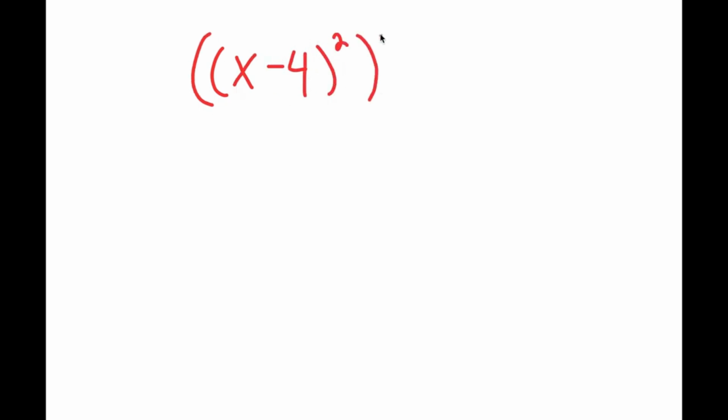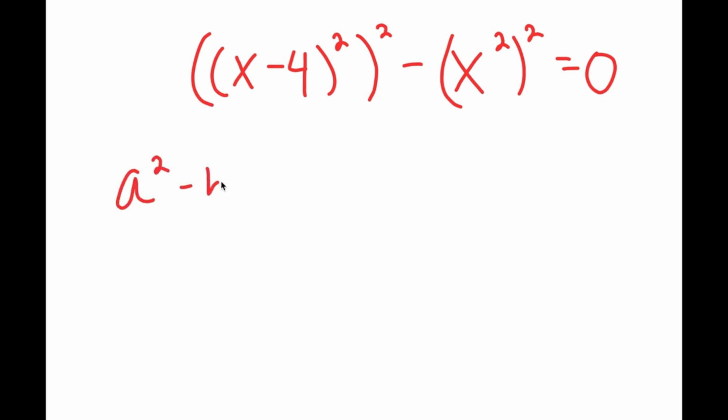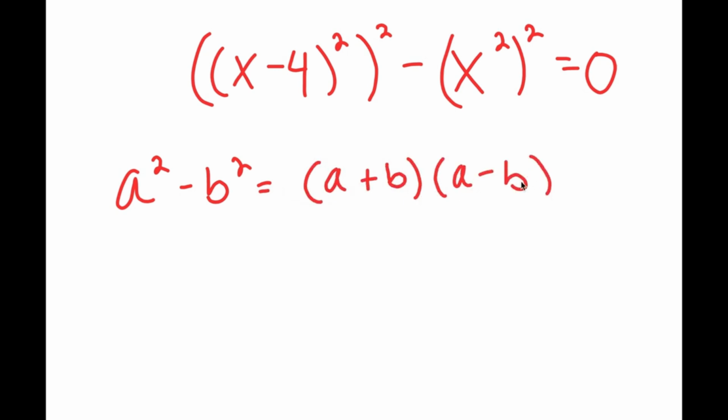Now from here, this is going to turn into ((x - 4)^2)^2 minus (x^2)^2 is equal to 0, because I just subtracted (x^2)^2 on both sides. And now I can use the property a squared minus b squared is equal to (a plus b) times (a minus b).